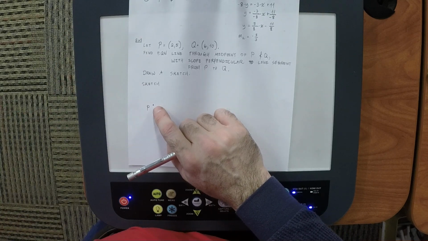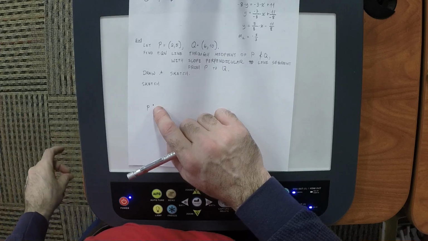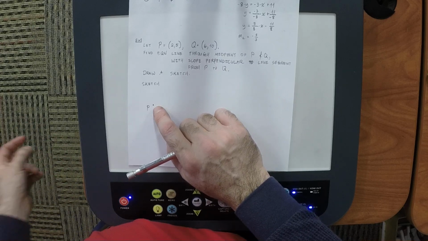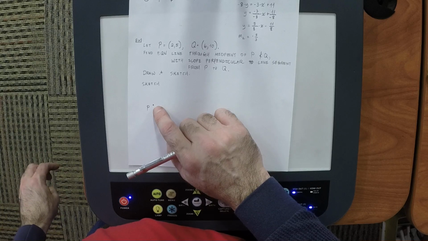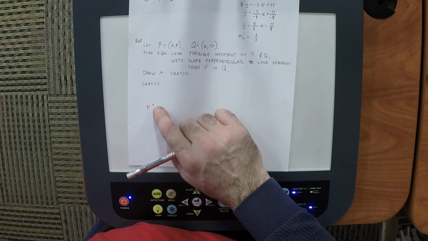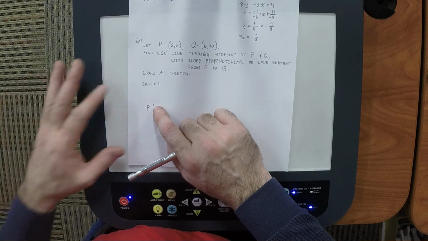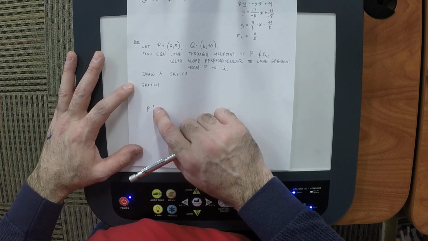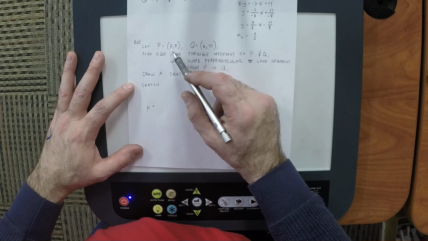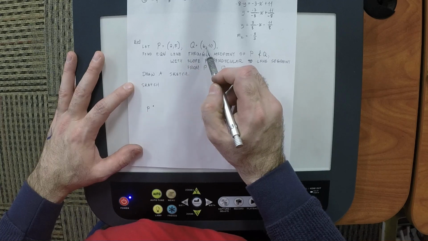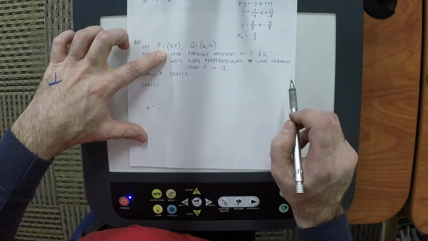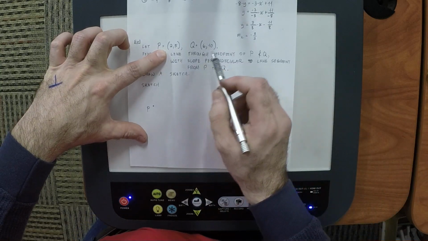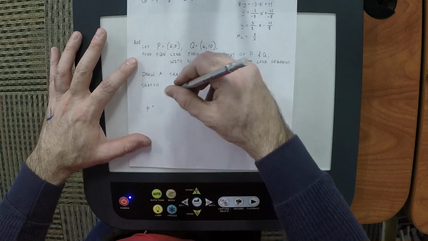We're not trying to plot it out with a ruler or anything. But where is Q with regard to P? It's going to be a little bit to the right. What's telling you that? Well, 6 is bigger than 2, so Q is going to be a little bit to the right. And similarly, 10 is bigger than 5, so it's going to be a little bit up.